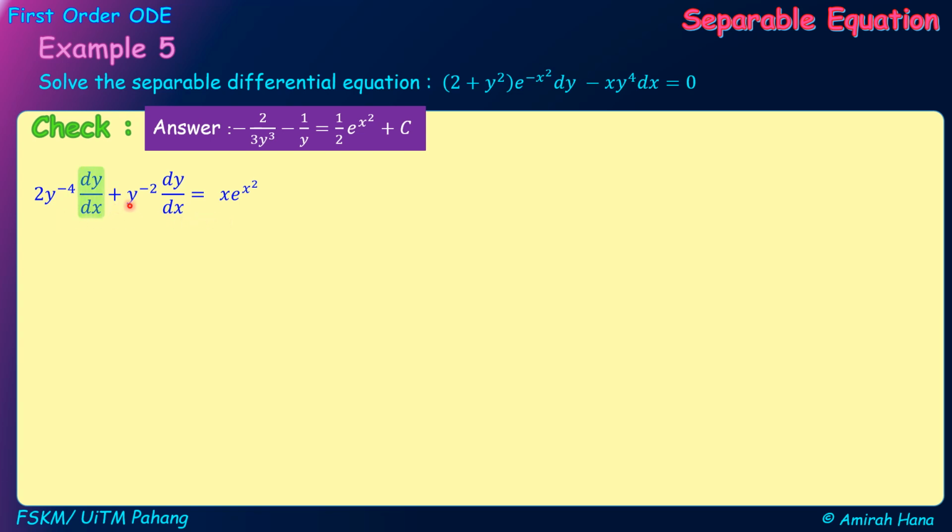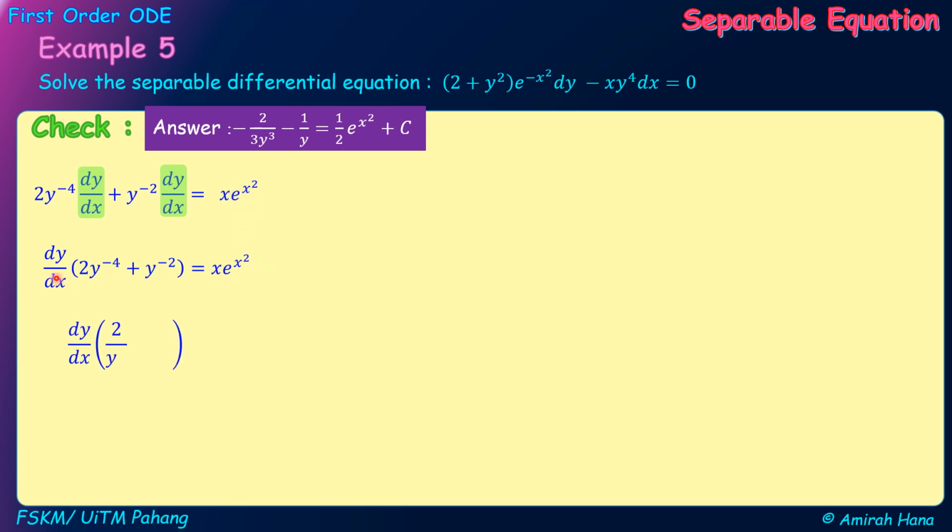We have two terms containing dy over dx. So to write dy over dx as the subject, we need to factorize dy over dx. So in the bracket, we have 2y to the power of negative 4 plus y to the power of negative 2, and then equals x e to the power of x squared.